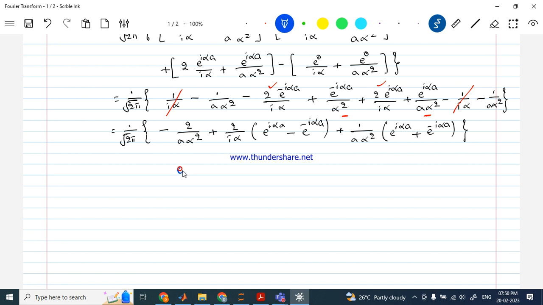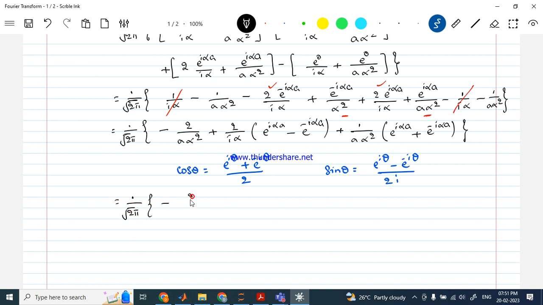We know this formula: cos theta is given by e power i theta plus e power minus i theta divided by 2, and sin theta is given by e power i theta minus e power minus i theta divided by 2i. By using them, we can rewrite this expression as 1 by root 2 pi times minus 2 by a alpha square e power i theta minus e power minus i theta, that gives 2i times sin theta.